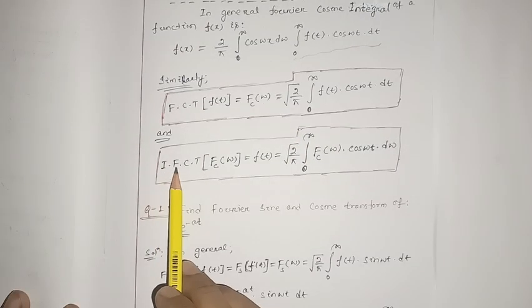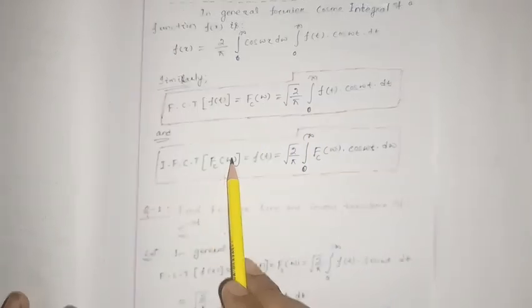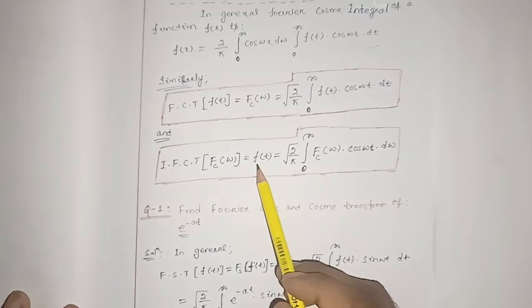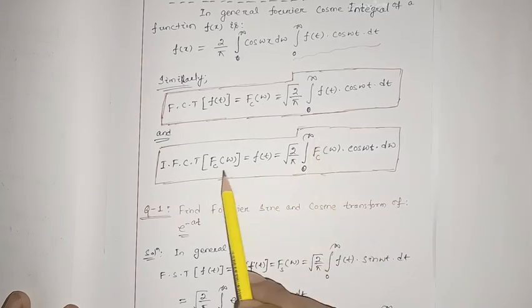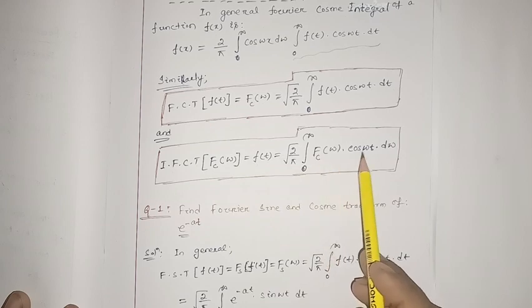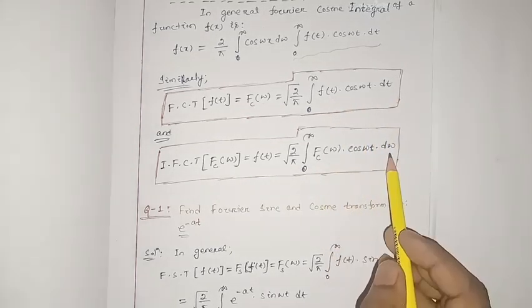The corresponding inverse Fourier cosine transform of this function fc omega is nothing but f of t, small f of t, equal to root over 2 by pi, 0 to infinity, this function fc omega cos omega t d omega. So here integration with respect to t, here integration with respect to omega.